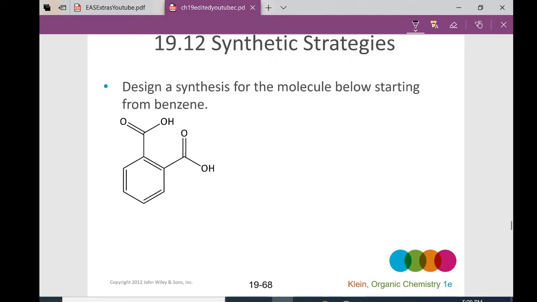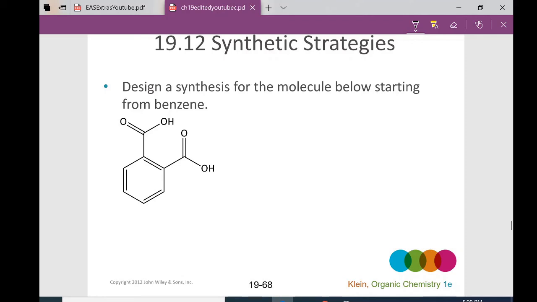So if we want to design a synthesis for this molecule, this is a pretty tricky one. We've got a problem here because we've got these two acid groups. Now remember, an acid group is a meta-director. And we're going to start with benzene. So we can't have an acid group on there when we add that second acid group, or it's going to go meta.